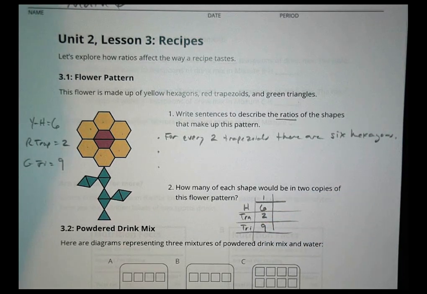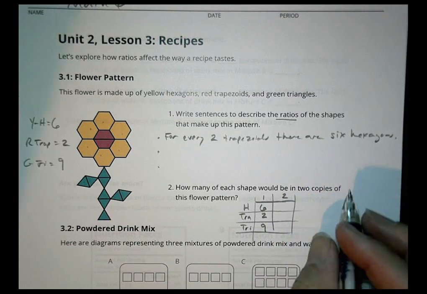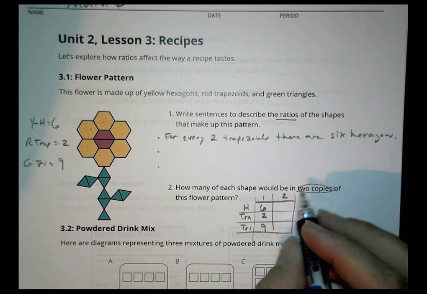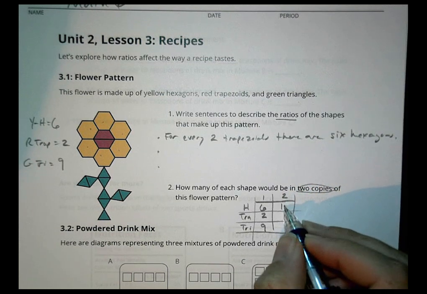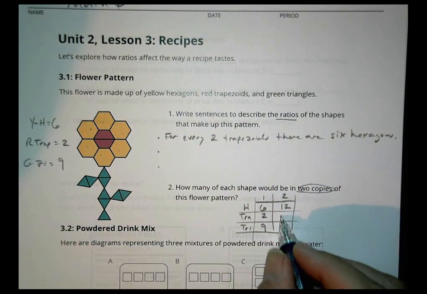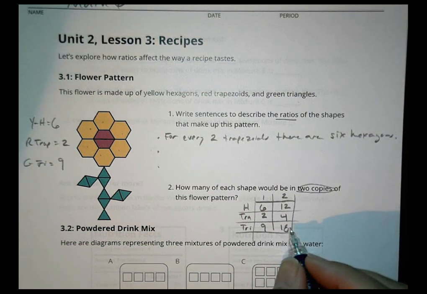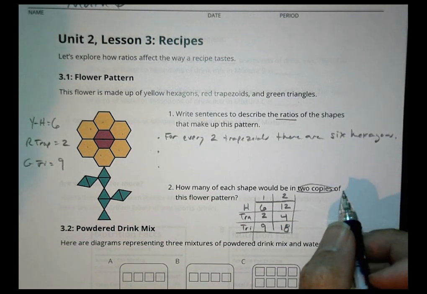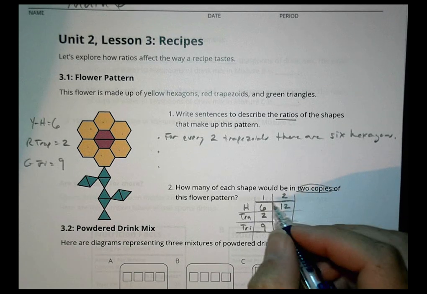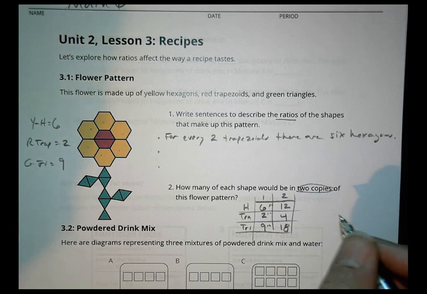If I wanted to make another copy, to have 2 of those things, I would have to double the value of each one because I'm going to have 2 copies. So instead of just 6 hexagons, I would end up with 12 hexagons. Instead of just 2 trapezoids, I need 2 more for the other one, so I end up with 4. And instead of 9 triangles, I end up with 18. So when I'm making 2 copies, I'm doubling it. I'm multiplying everything by 2 to get my new value.